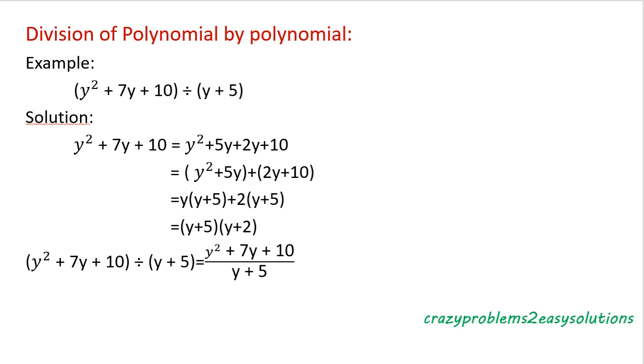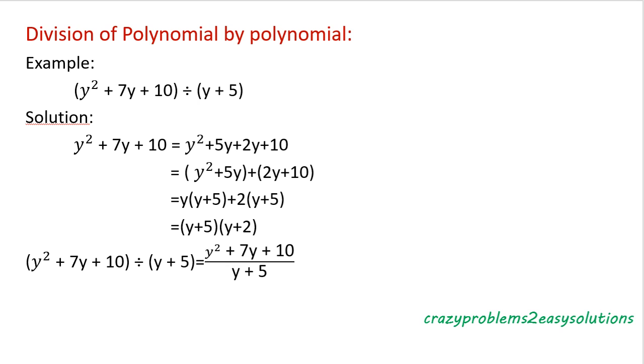Take 2 outside, and the remaining is y plus 5. So y into y plus 5 plus 2 into y plus 5. Here y plus 5 is common for these two terms, taken outside, and the remaining term is y plus 2. If you factor y square plus 7y plus 10, we get the answer y plus 5 into y plus 2.